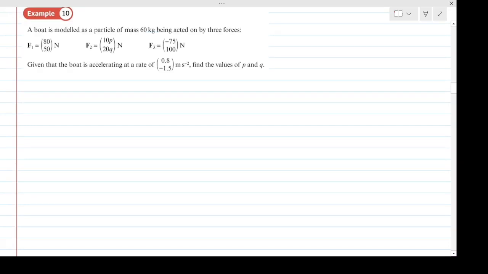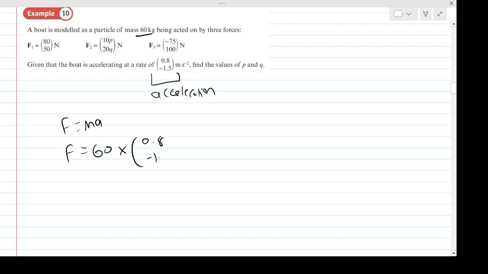Right, we've got this question now. So here we're told a boat is modelled as a particle of mass 60, and again we've got these 3 different forces. It says that given that the boat is accelerating at a rate of 0.8, minus 1.5 as a vector, that's the acceleration, right? So again, if we use F is ma, the mass is 60, lots of a, so it's going to be 60 times the vector a of 0.8 and minus 1.5.